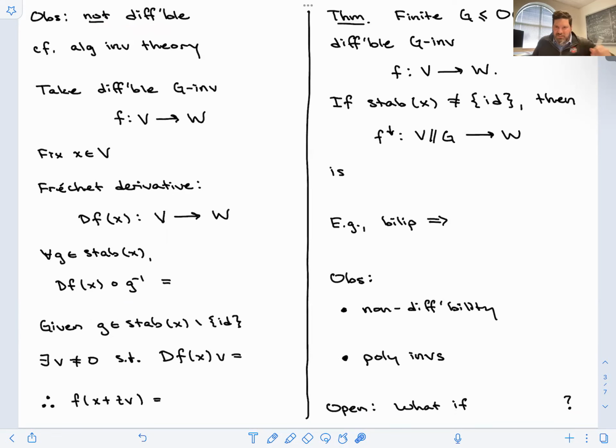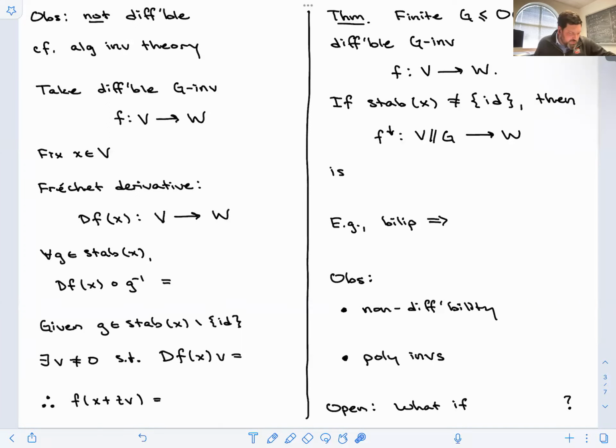And this contrasts significantly with what people usually think about in this world, which is algebraic invariant theory. The lion's share of invariant theory up to this point has strictly focused on polynomial invariants, and those are all differentiable. And the ones that I'm telling you about are not differentiable. So what gives? I want to tell you what gives.